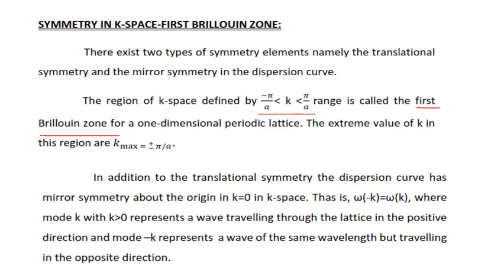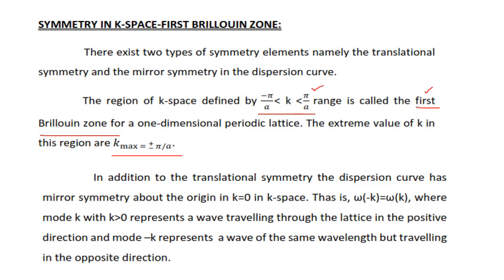First Brillouin zone means the range of k is minus pi by a to plus pi by a. You should remember this word and this equation. The second Brillouin zone will be minus 2 pi by a to plus 2 pi by a, like that. So the extreme value, k maximum, is equal to plus or minus pi by a. This is the translational symmetry value.